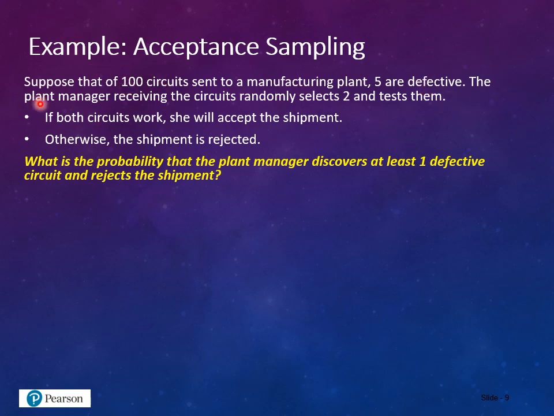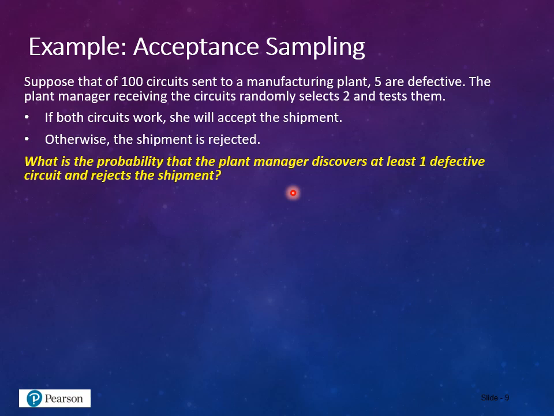The plant manager receiving the circuits randomly selects 2 and tests them. If both circuits work, she will accept the shipment. Otherwise, the shipment is rejected. What is the probability that the plant manager discovers at least one defective circuit and rejects the shipment?